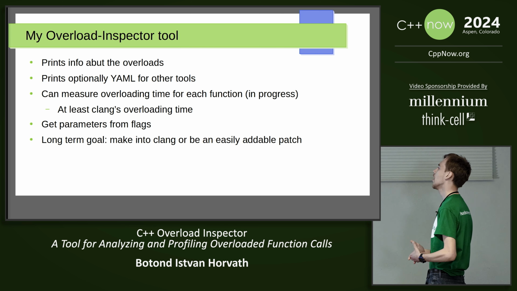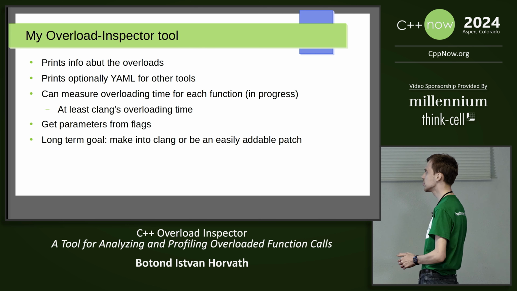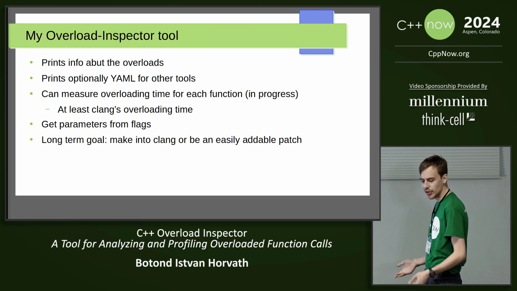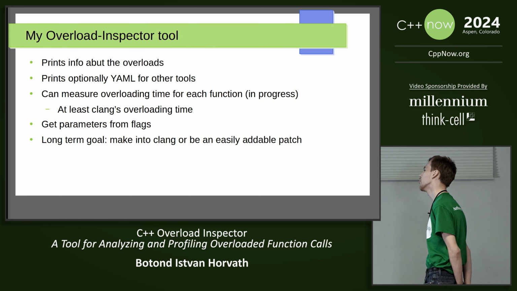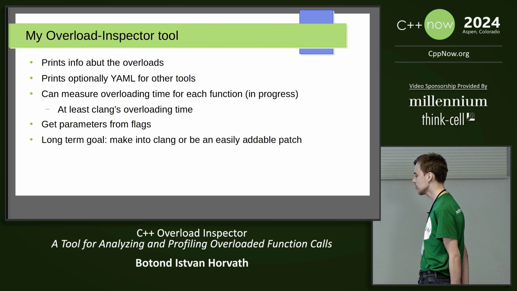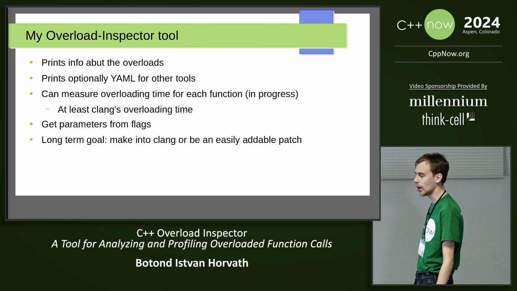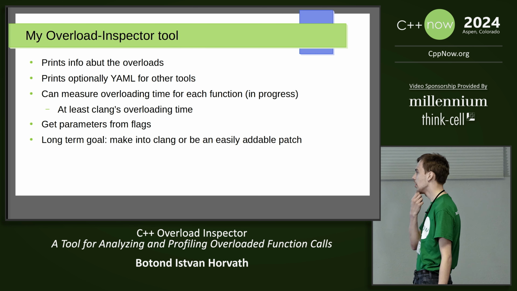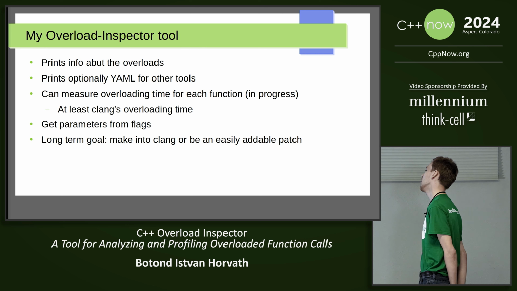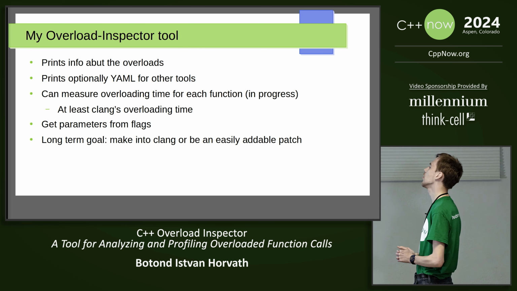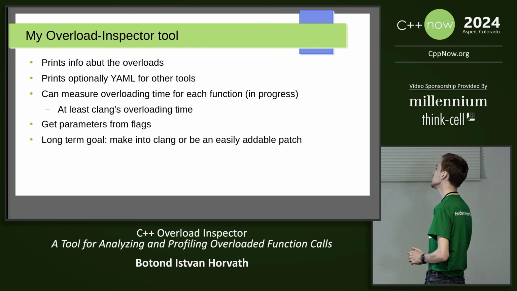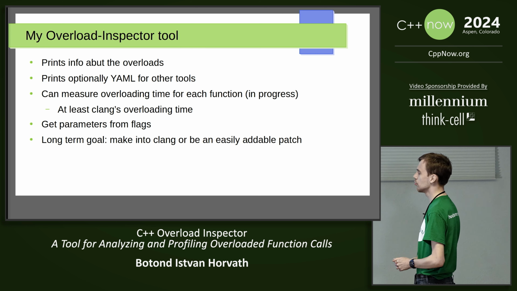So basically, I print a lot of information about the overloads. I can optionally print YAML instead of something that is easy to read, because it's possible that someone wants to feed the output to some other program, for example, an IDE. And it not only gives information about which overload was chosen, but also measures the time it took to choose it.